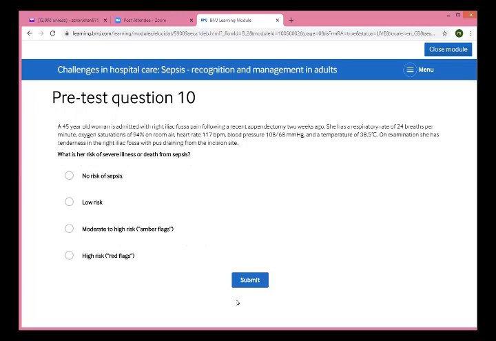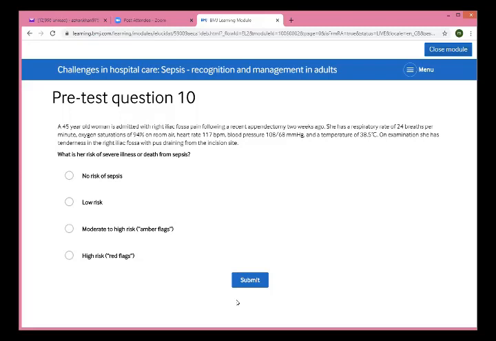Okay, so a 45-year-old woman presents with right iliac fossa pain following a recent appendectomy 2 weeks ago. So all these 10 questions which we have done are all septic patients, and there are different areas of management where each question is focusing, and shortly we're going to review in detail. That's what the whole module means.